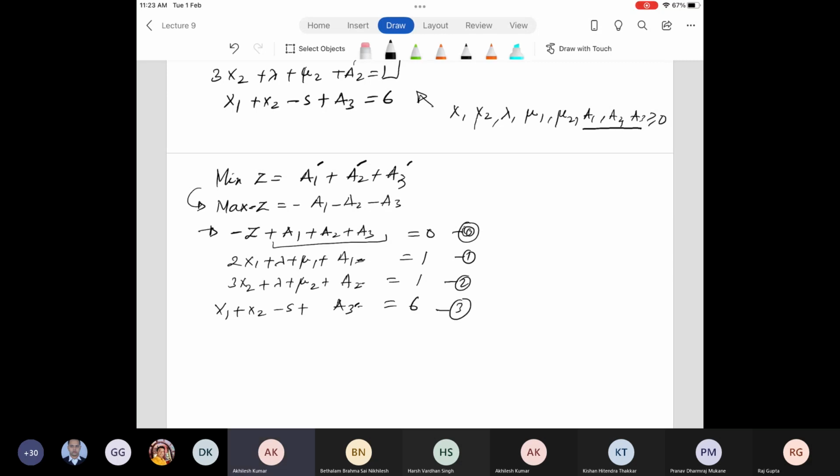Since I'm initializing the simplex algorithm with A1, A2, A3, their coefficients need to be removed from the zeroth equation. So equation 0 minus 1 minus 2 minus 3 will give me the final equation 0. Just do this: equation 0 minus 1 minus 2 minus 3.